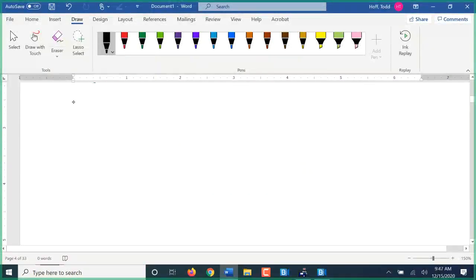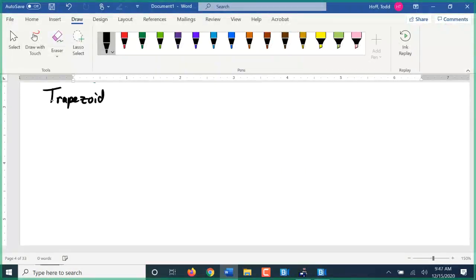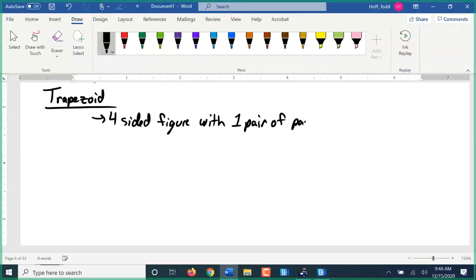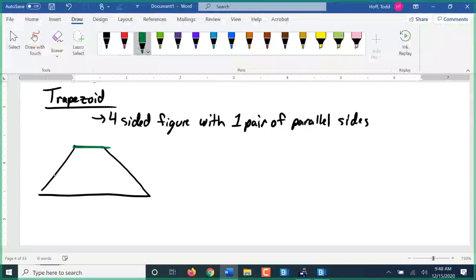And we briefly saw a trapezoid. Now, a trapezoid is defined as a four-sided figure with one pair of parallel sides. Typically we see a trapezoid drawn like this, where this side and this side are parallel.